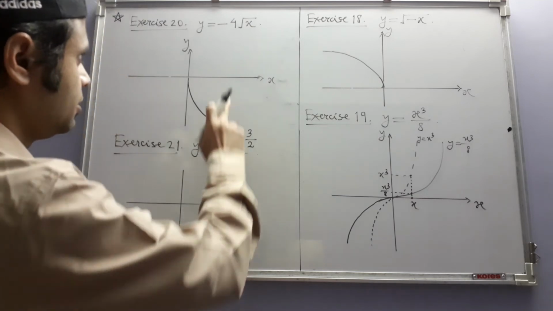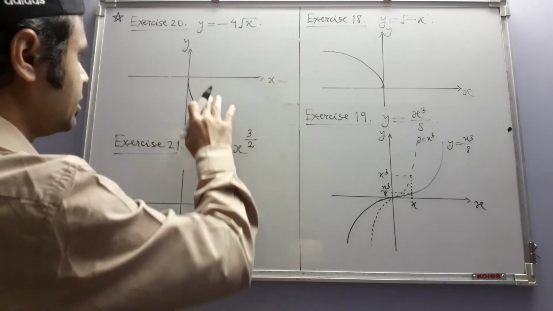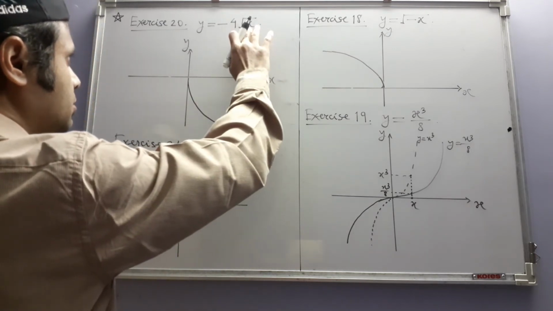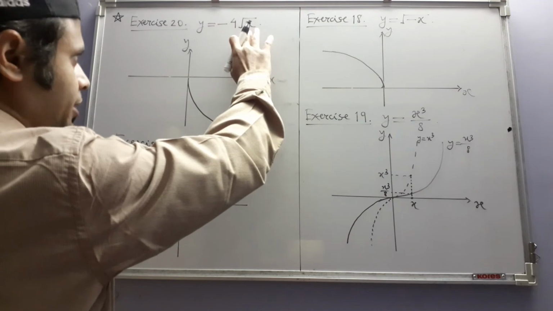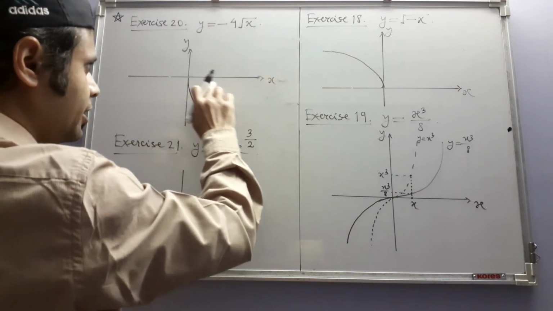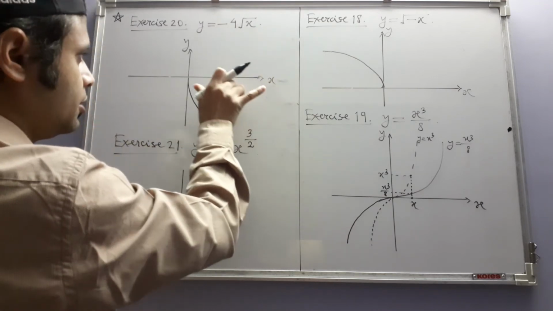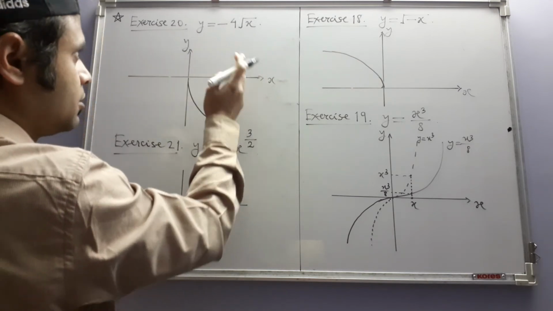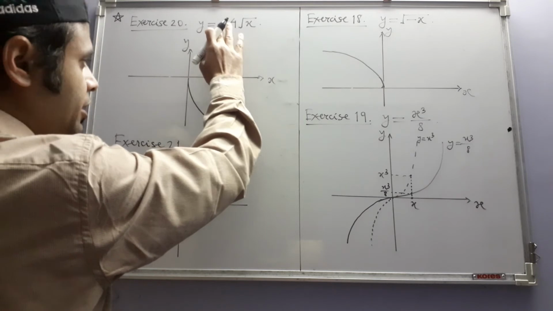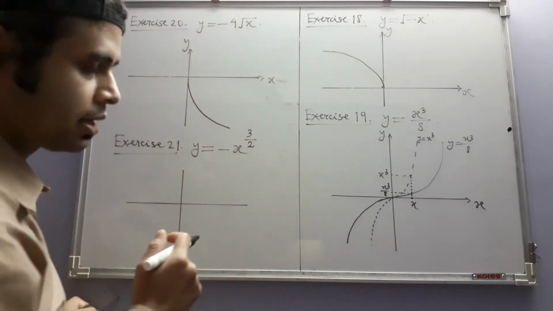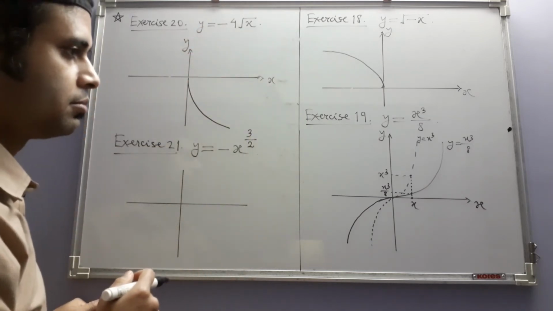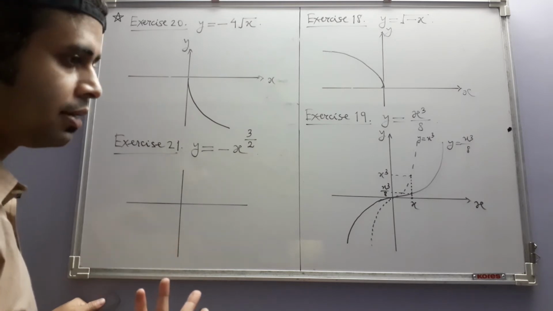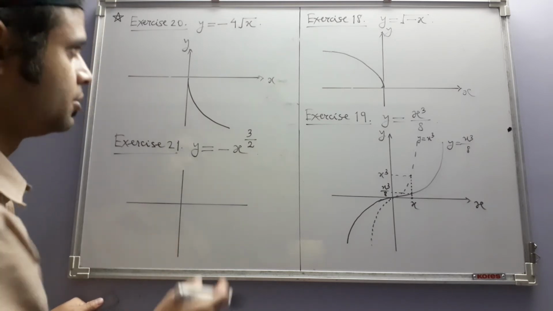For example, here, as I was saying, because we have square root of x, only non-negative values of x are allowed. So the graph lies on this part of the y-axis. Also, because of the presence of this minus sign, none of the values is positive.